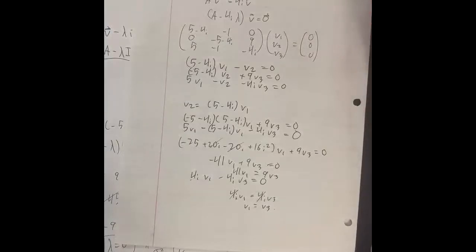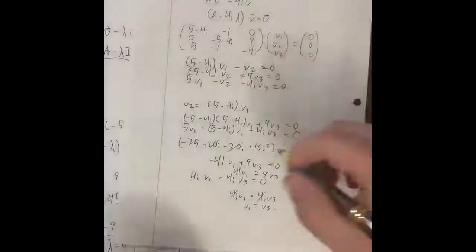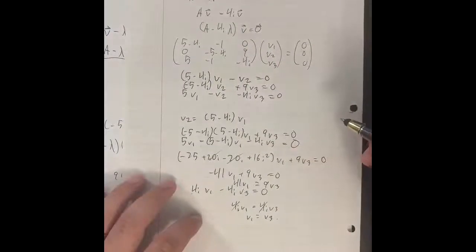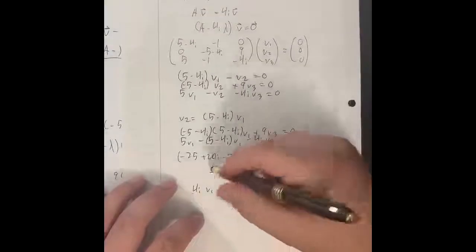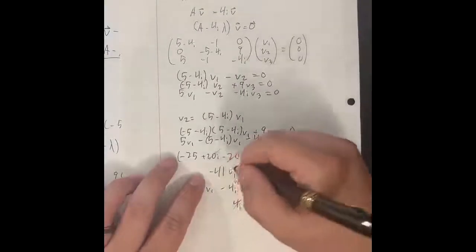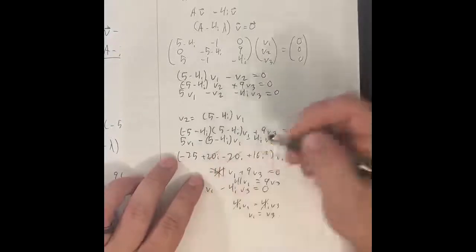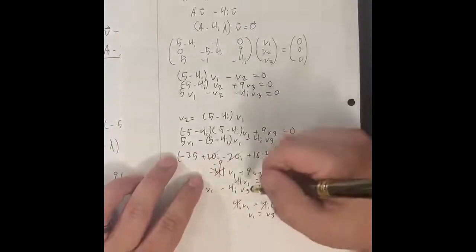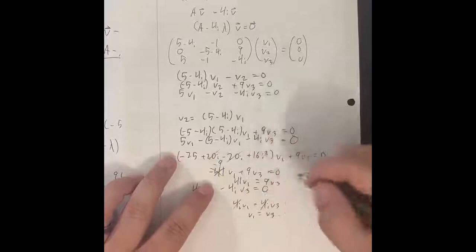I think something happened here which should have made this, instead of minus 41, minus 9. And so we get minus 9 v1.